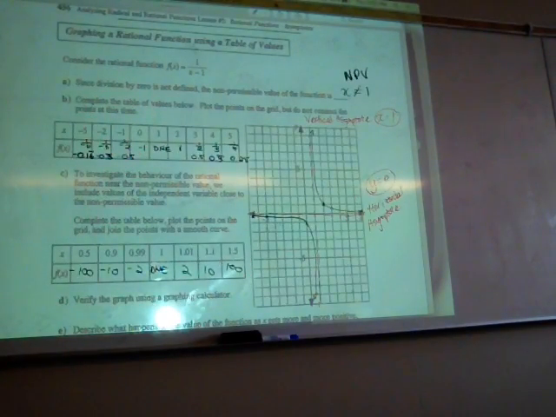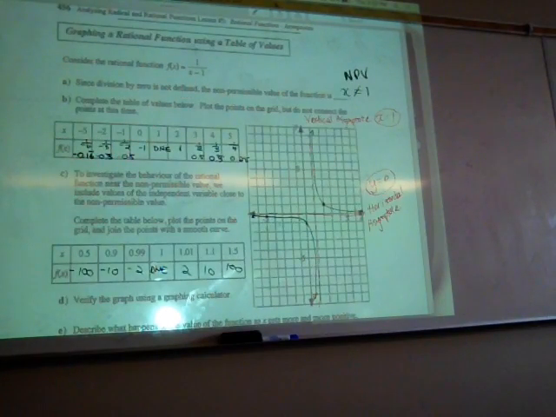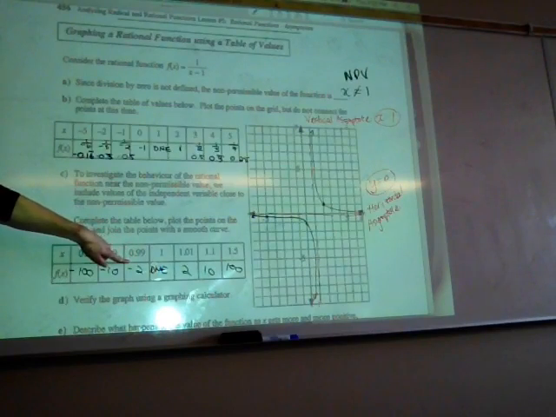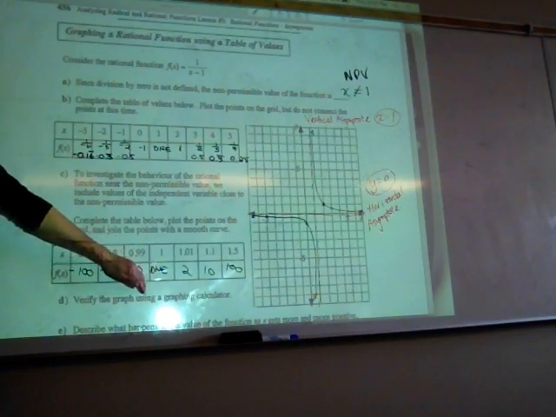If you plugged these x coordinates into the equation 1 over x minus 1, you would get these values. It's showing that as x is getting closer and closer to 1, it's getting smaller. It's going to be approaching negative infinity as we get closer to 1.